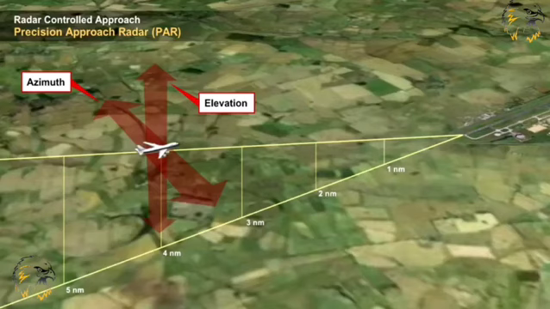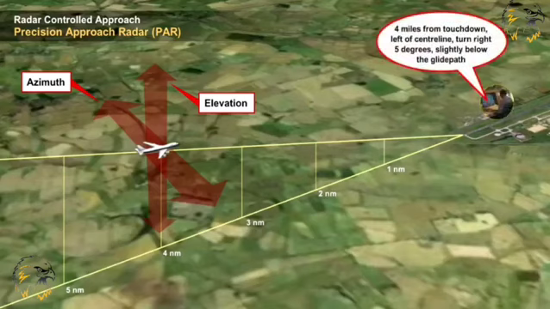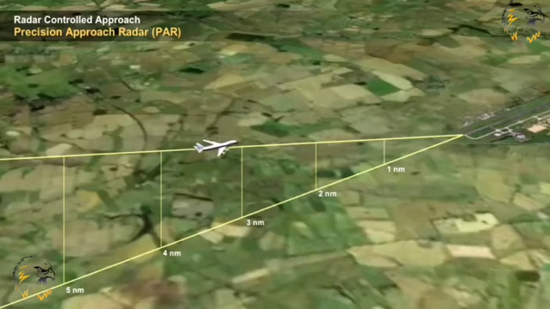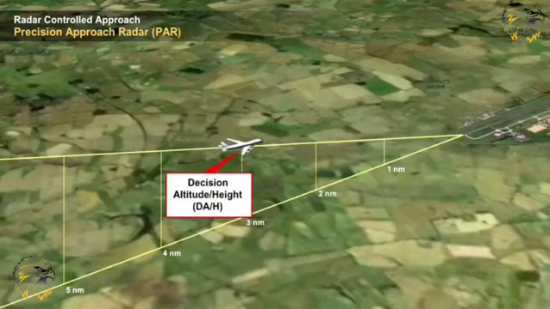For example, a typical controller communication might be: 4 miles from touchdown, left of centerline, turn right 5 degrees, slightly below the glide path. The pilot must turn right to follow the controller, but will make his own decision about rate of descent. The service will continue through the point the aircraft reaches the decision altitude or height.